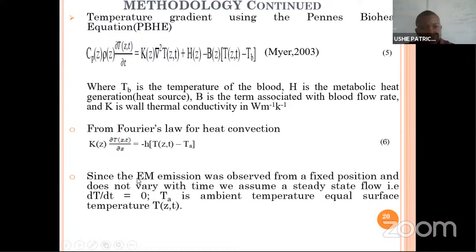But you know that electromagnetic radiation emits from the source, a phone or station. Since the EM emission was observed at a fixed position, it does not vary with time. At every time, it flows at a steady rate. So if steady flow is applied here, it means that the change with respect to time will be equal to 0.